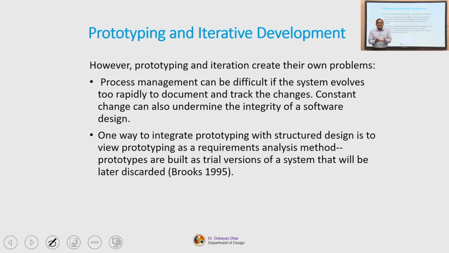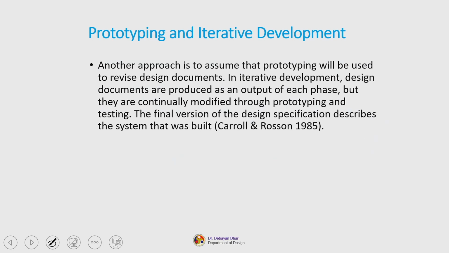So, you test early, you identify the requirement, the need from the users, come up with your concepts, test early, and that is how you build trial versions of a system which, based on the results of your user testing, might be accepted or discarded at the later stage. Another approach for prototyping is to assume that prototyping will be used to revise design documents.